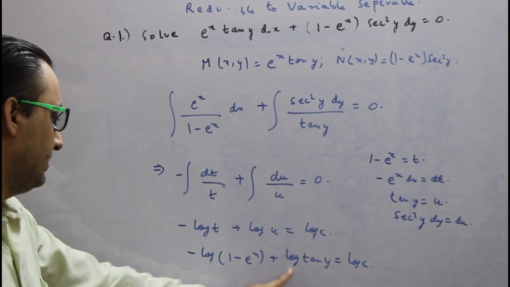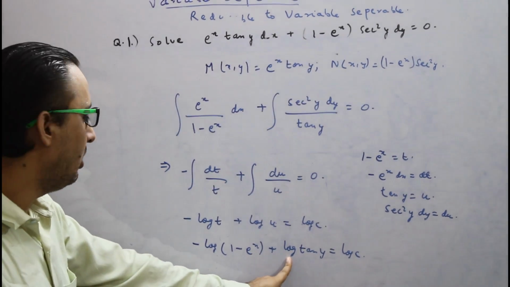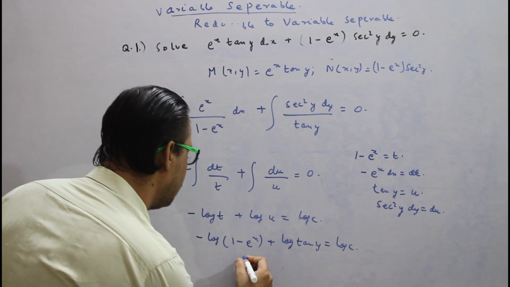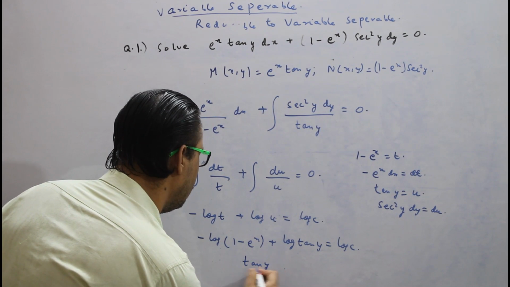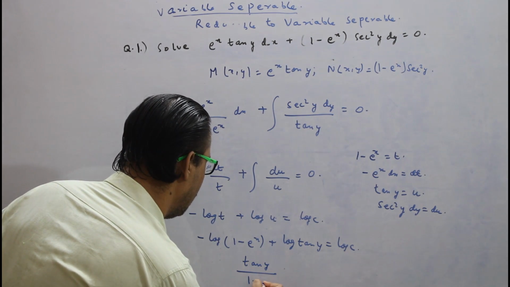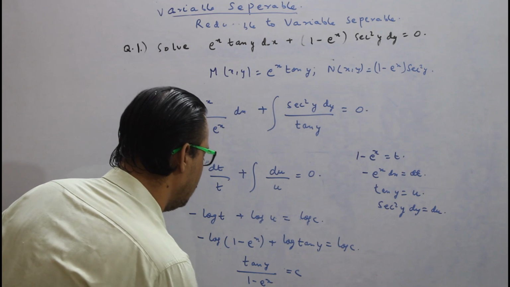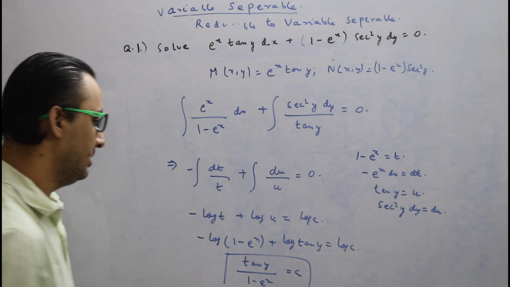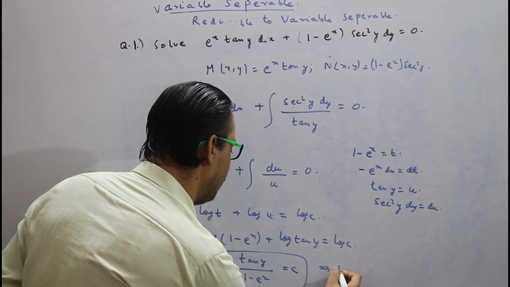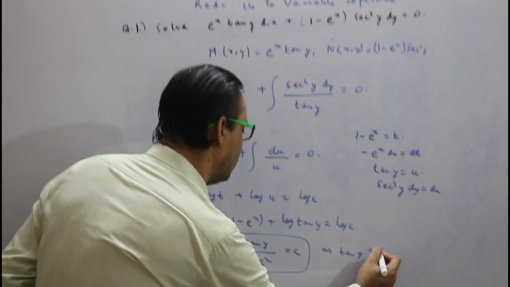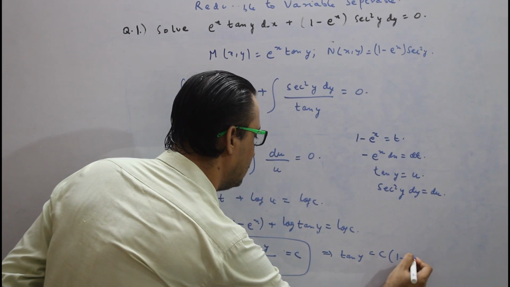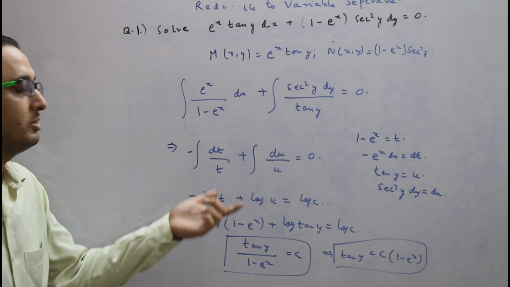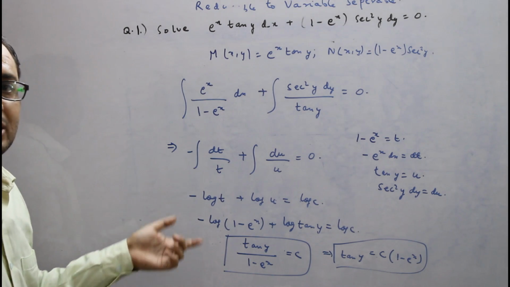I can further use the log properties and write this as tan y divided by 1 minus e to the power x is equal to c. So this is my answer for this. I could also write it as tan y is equal to c times 1 minus e to the power x. So this is a basic question to understand this concept.